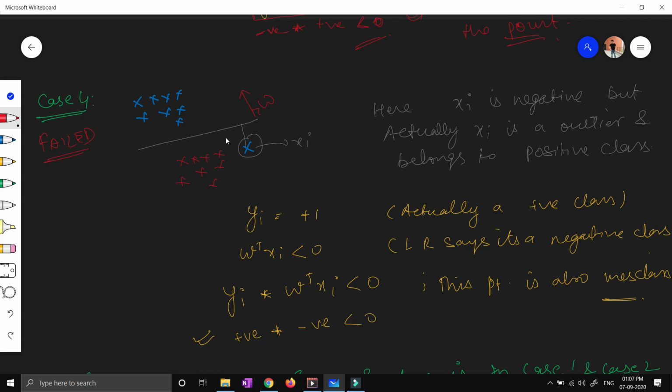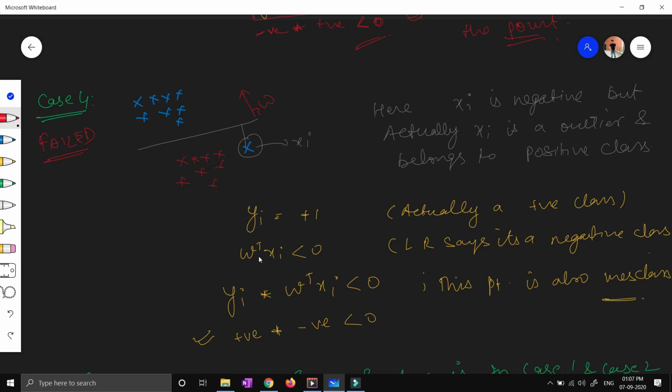But because it's an outlier, it lies in the negative section. You can see that it's in blue color, but because it's an outlier, it belongs to some negative section. So our logistic regression classifier thinks that this point belongs to the negative class.